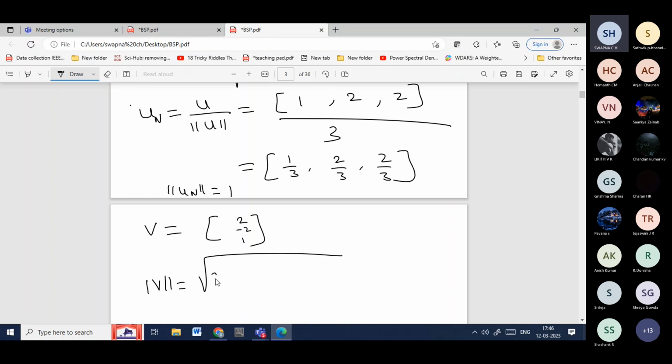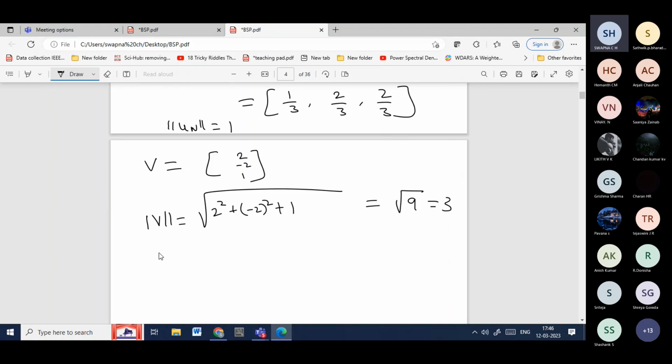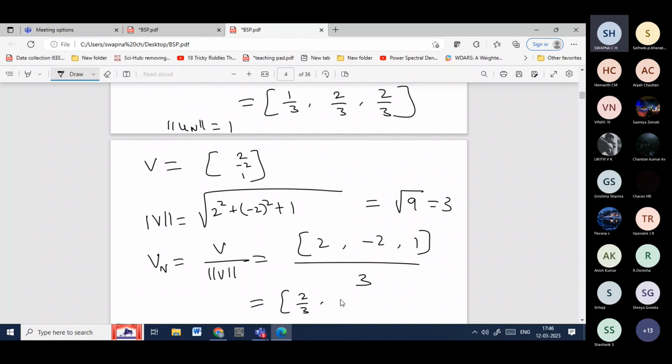It is the square root of 2 squared plus (-2) squared plus 1 squared, which is the square root of 9, nothing but 3. So this is also not a unit vector. Let me consider the normalized vector vn, which is given by v divided by the length of v. So it's (2, -2, 1) divided by 3, which is (2/3, -2/3, 1/3). So these are the normalized vectors.